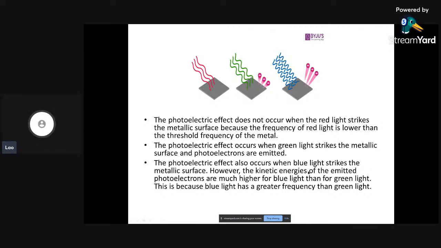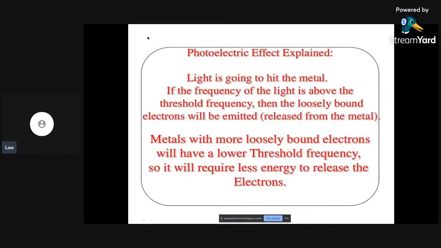However, the kinetic energies of the emitted photoelectrons are much higher for blue light than for the green light. Ito nga yung sinasabi ko, mas mataas daw. This is because blue light has the greater frequency than green light. So yun yung sinasabi ko kanina. Parang sa rainbow. Yung spectrum, so yun. And then, okay, a photoelectric effect explained.